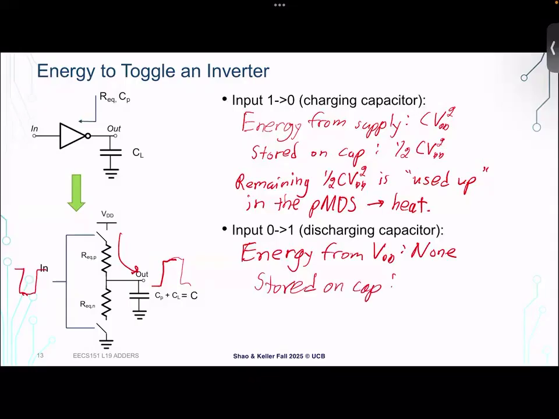After this transition, there's no more electrons stored on the capacitor because they've all been discharged to ground. And so again, this last 1/2 CVDD squared that was stored on the capacitor is used up in the NMOS.